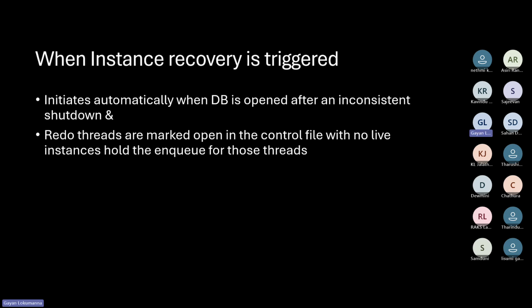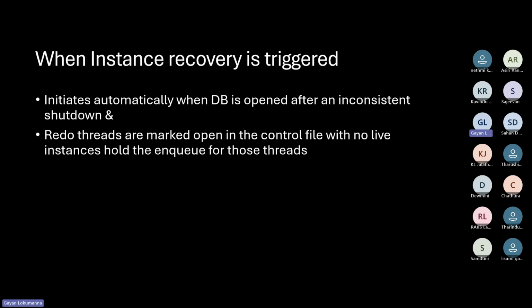And when you do a consistent shutdown, at the end of the shutdown process, the control file will be updated saying the redo stream is now closed. But if it is an inconsistent shutdown, such as a shutdown abort or an instance failure, this entry of marking the redo threads closed in the control file is not going to happen.